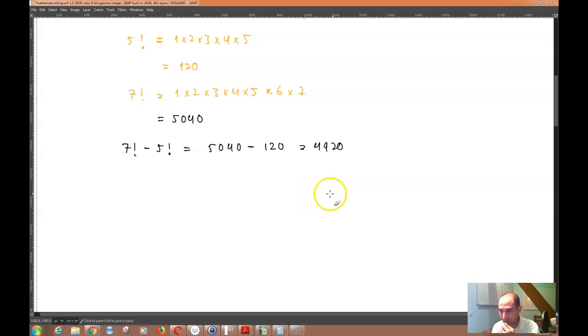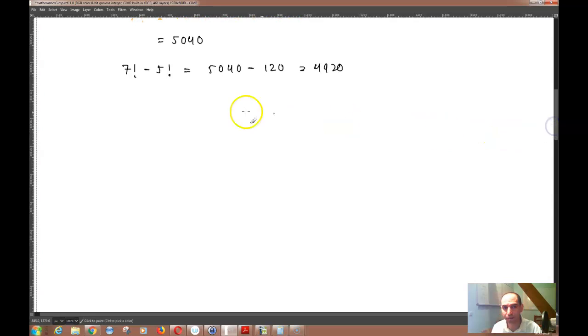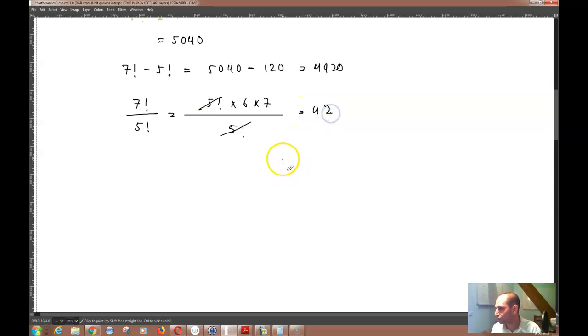And suppose that you want to calculate 7 factorial over 5 factorial. You can write this as 5 factorial times 6 times 7 over 5 factorial. You can simplify these two and get 42.